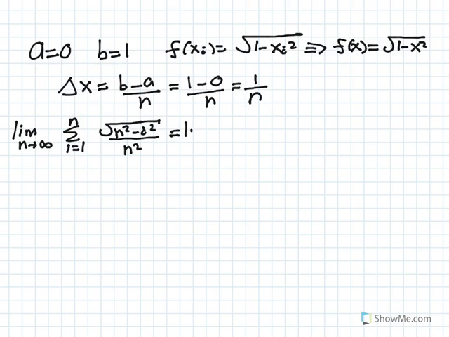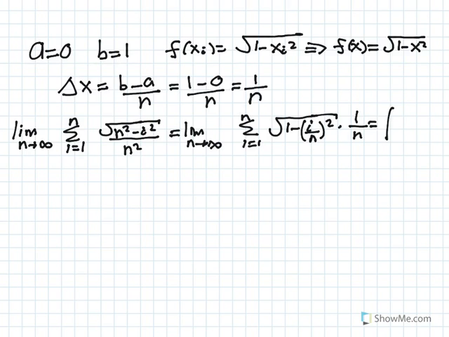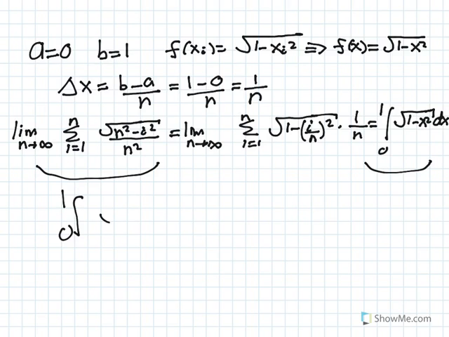We did some algebra and we produced the limit as n goes to infinity, i goes from 1 to n, root of 1 minus i over n all squared times 1 over n, and that is the definite integral from 0 to 1, root of 1 minus x squared dx. So we were basically able to transform the Riemann sum into a definite integral. And the definite integral that we have is 0 to 1 root of 1 minus x squared dx.